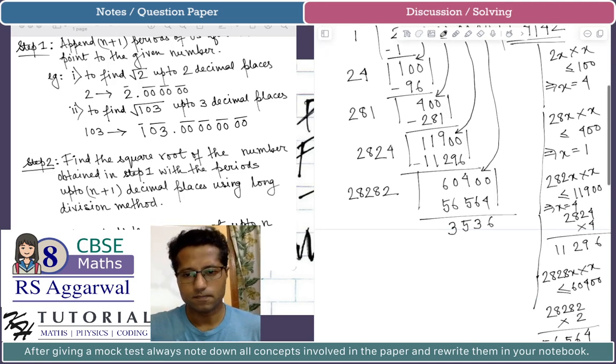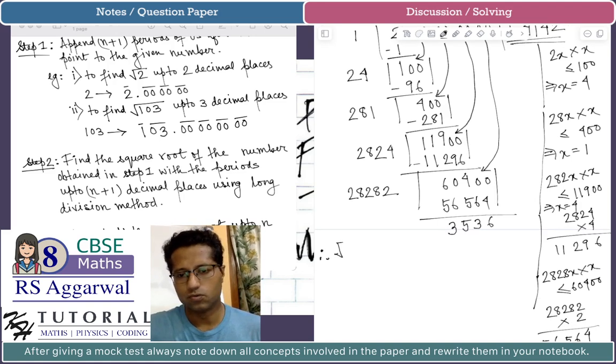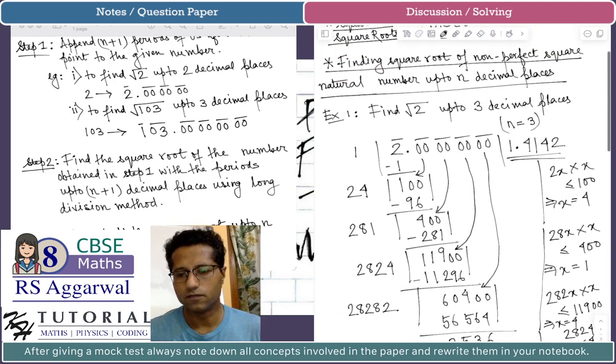So therefore we can say that the square root of 2 is equal to 1.4142.